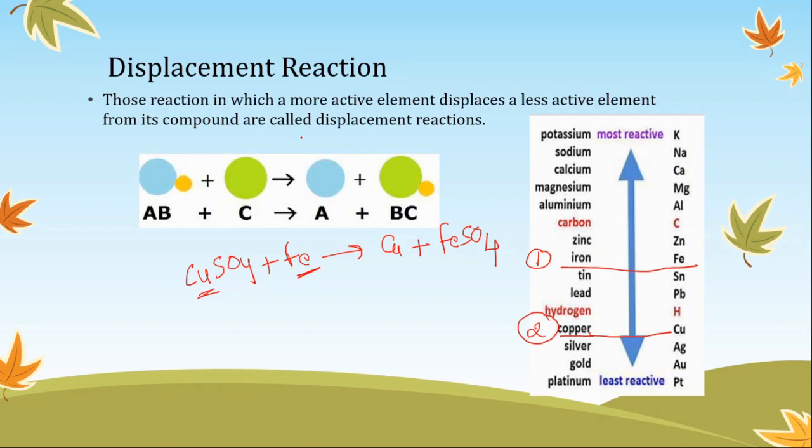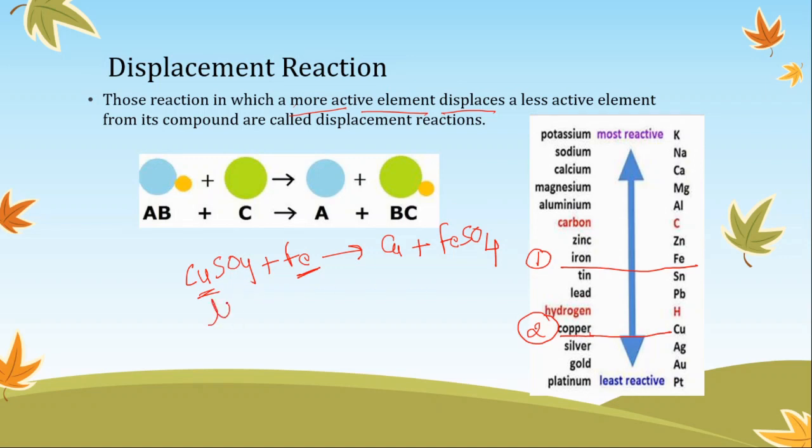So as we have read in the definition, the above lying metals are more active, so they displace the less active metal from its solution. So this has happened over here.